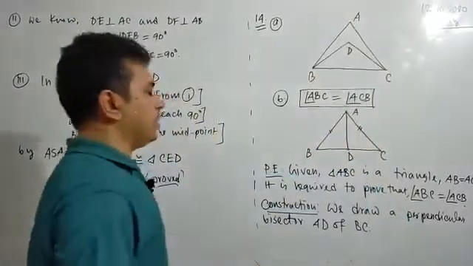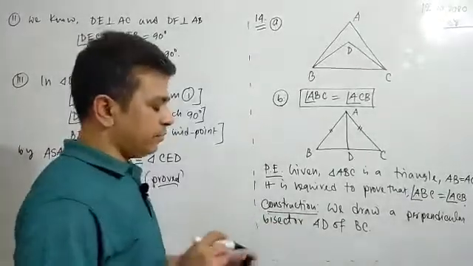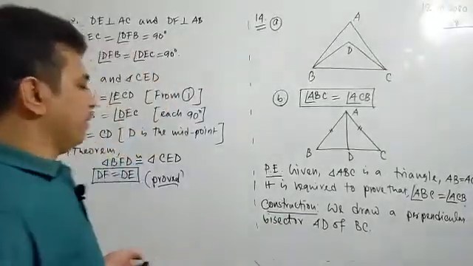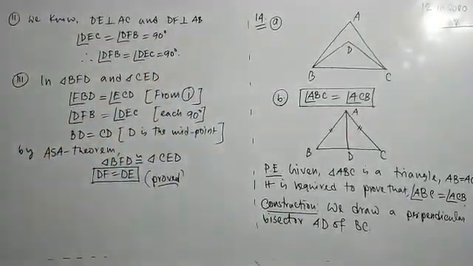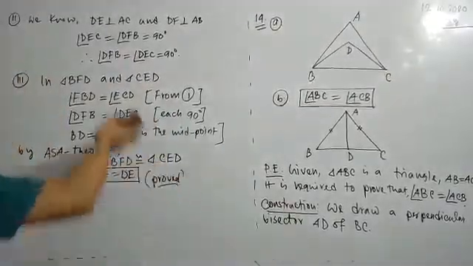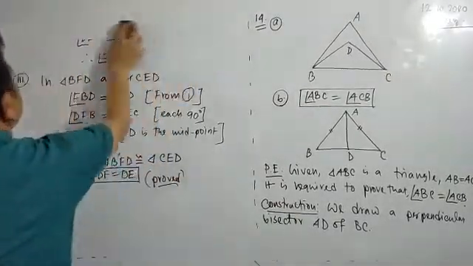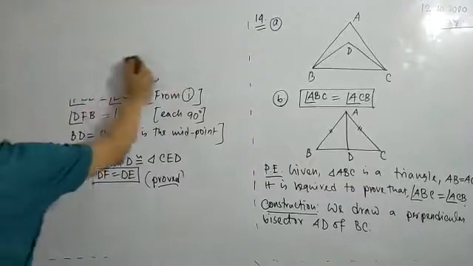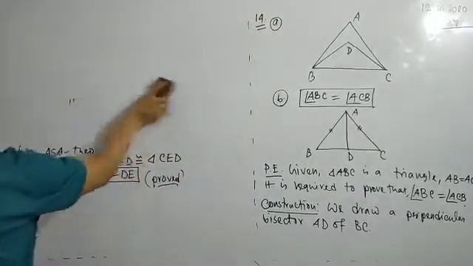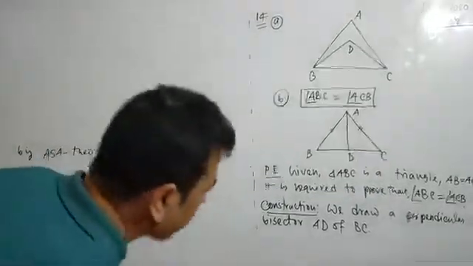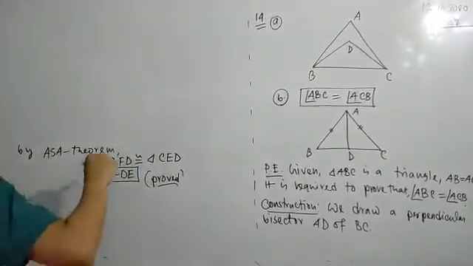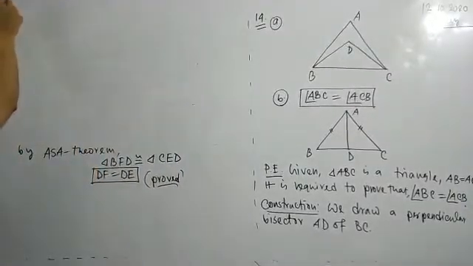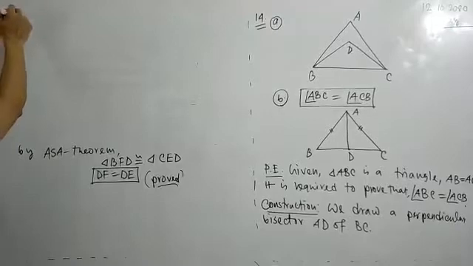Okay, we draw a perpendicular bisector AD of BC. I'm erasing this part. Okay, so I'm going to just write the proof.